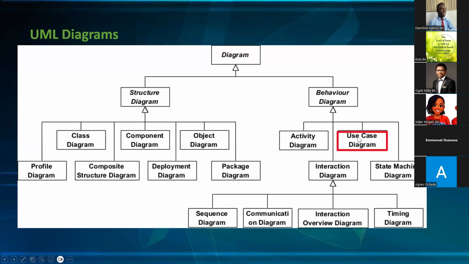Now, for you as a BA, you should be able to understand the use case diagram and activity diagram. Yeah, if you are advanced, if you are technical, you should also look at interaction. Again, I don't think you need it except you are an architect. Yeah.